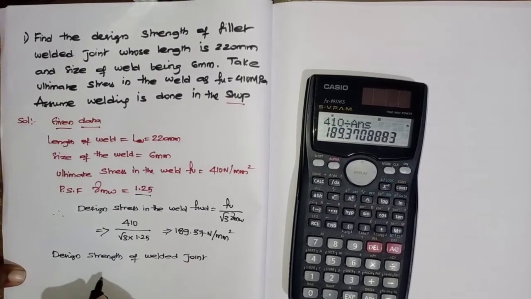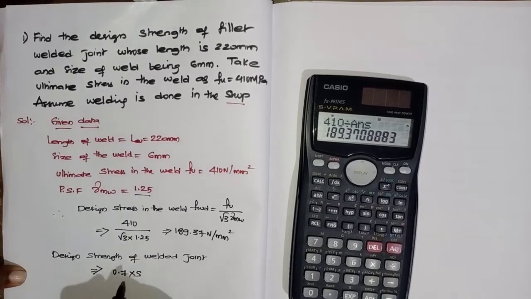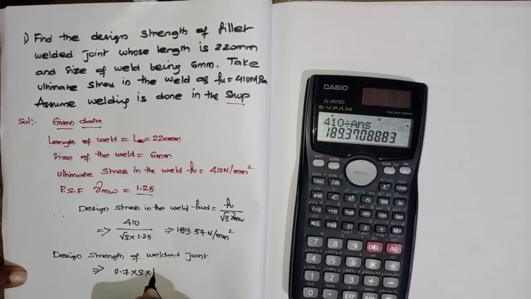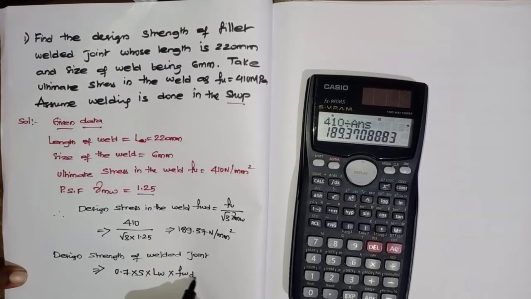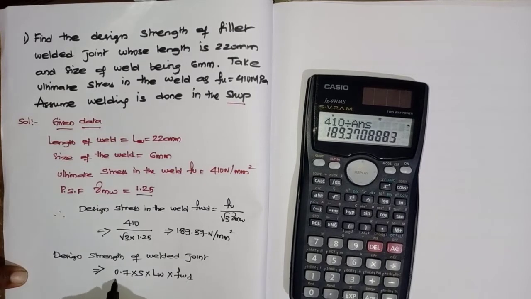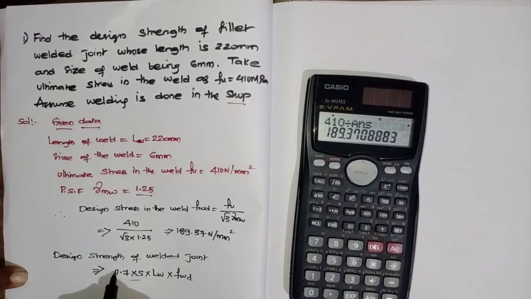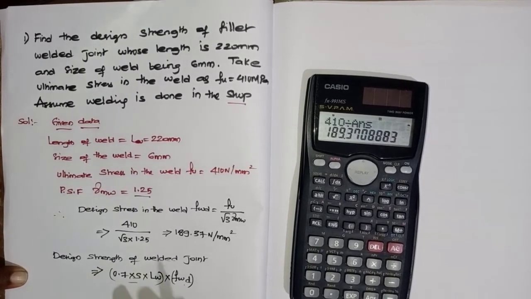Okay, design strength of welded joint, which is equals to 0.7 into S, yes, this is effective throat thickness, into length of weld multiplied by FWD. This is the stress, this is nothing but area of weld. Okay, this is throat thickness multiplied by the length, you will be getting what? Area multiplied with the stress, you will be getting the load, that is strength.